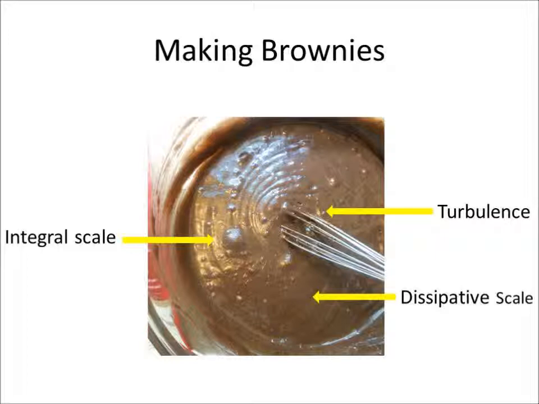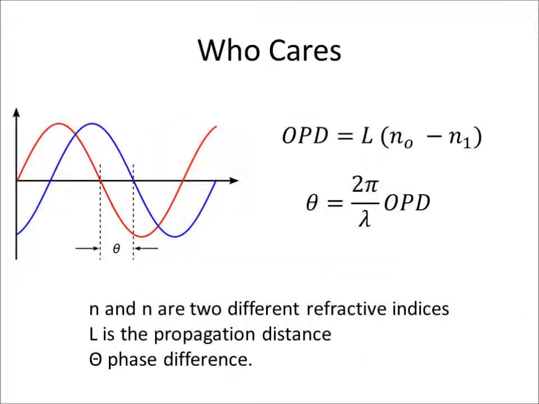From there on, any energy added to the system has to dissipate as heat, hence the name dissipative scale. And that's when your mix starts getting really sticky. A major difference between the brownie mix and the atmosphere is that in the atmosphere, the large and small eddies are constantly being recycled. But why should we care?